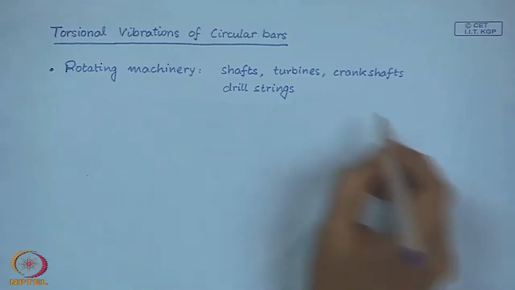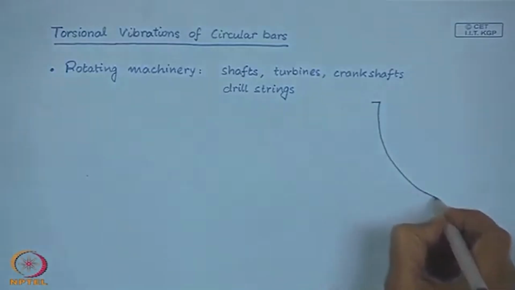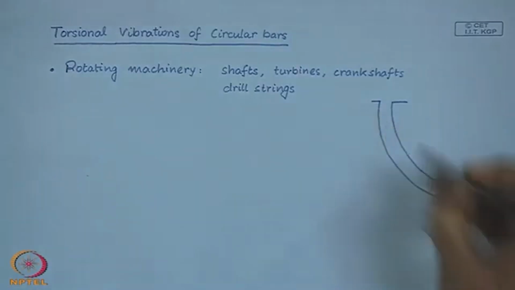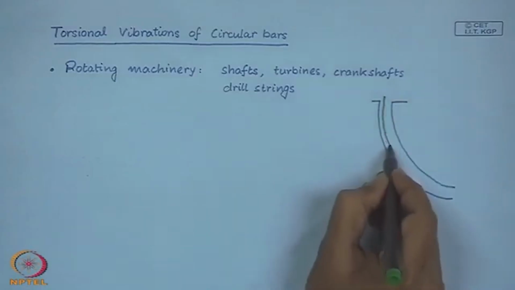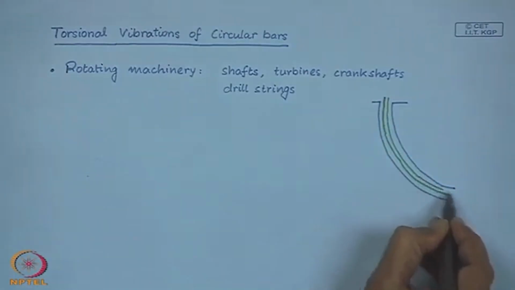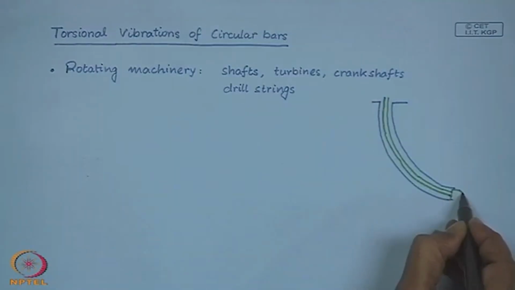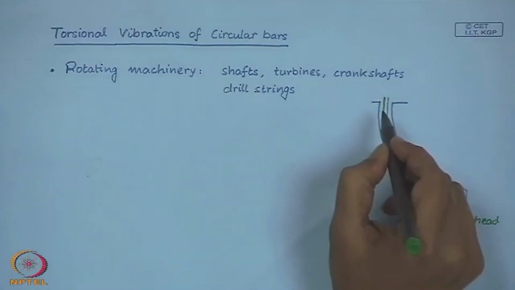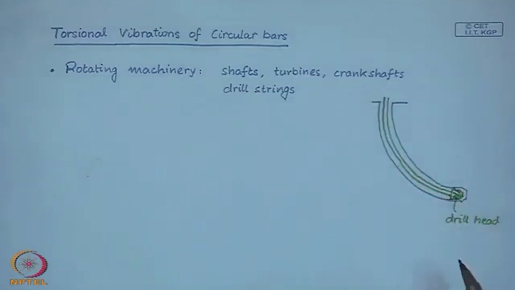So, these shafts, for example, in a mine like this, so this is the drilling head, and here you have a shaft which transmits the torque to this drill head.